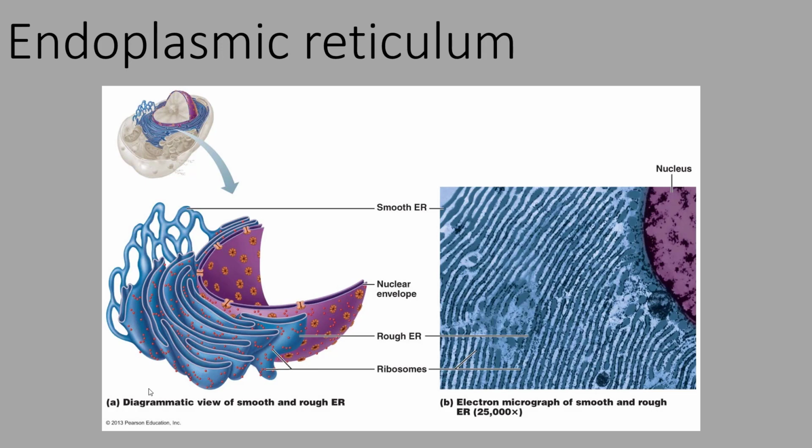Ribosomes are these very, very tiny structures. Some books will call them organelles, other books will call them inclusions. They are really tiny. They're made of two pieces that stick together.